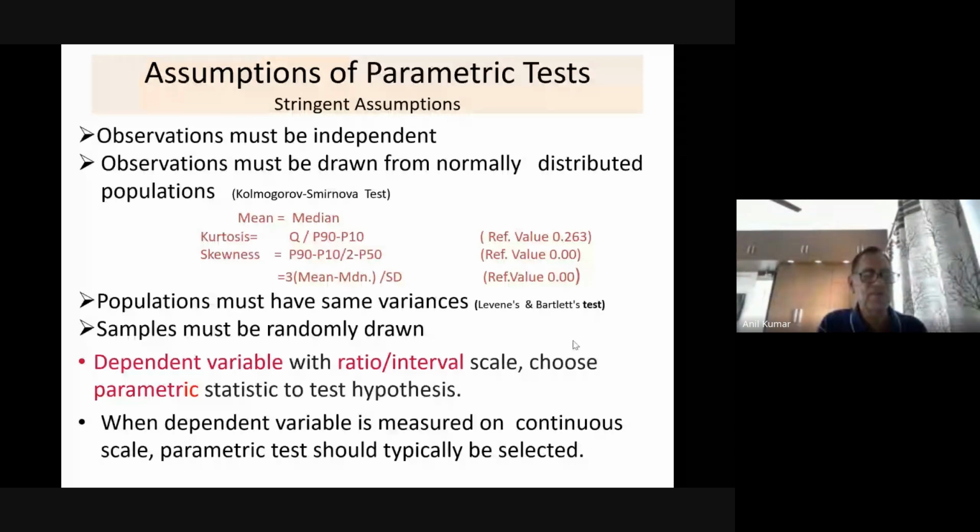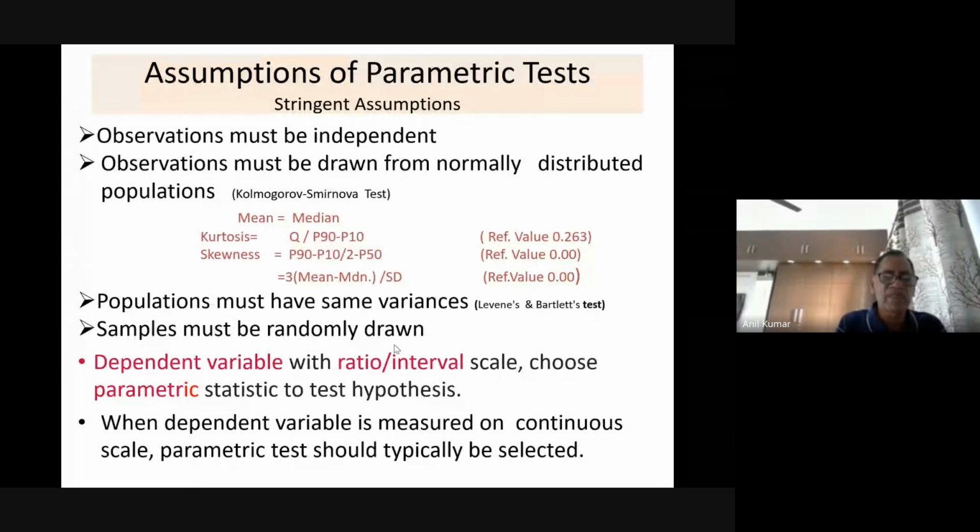If you randomly draw the sample from the population, the chances are more and more to go for normally distributed data. So this assumption is there.